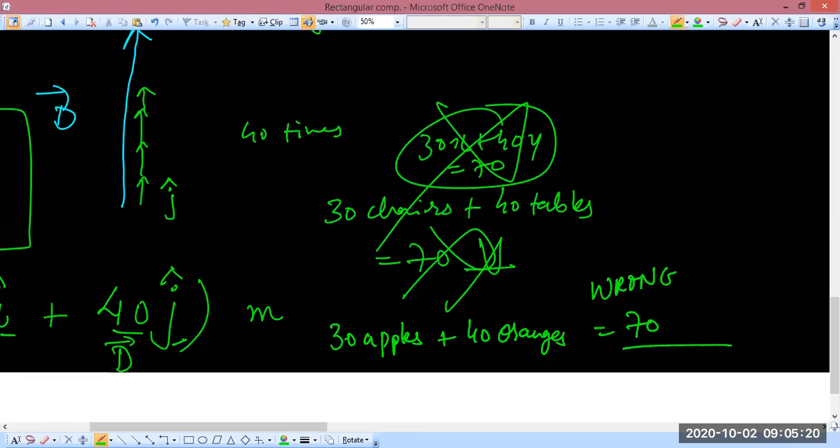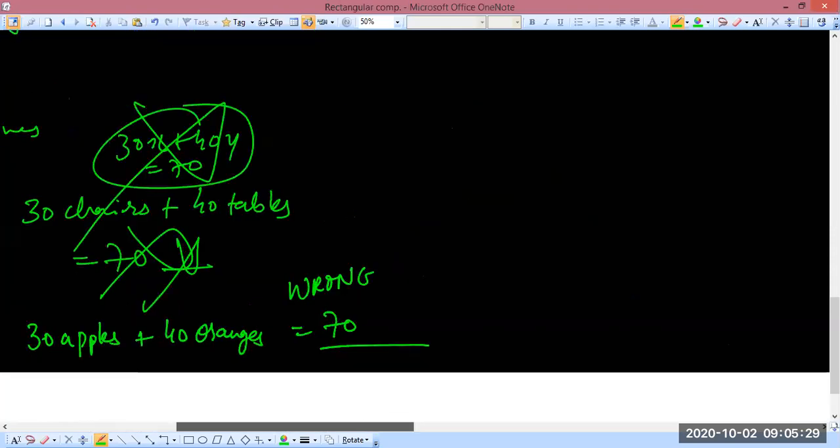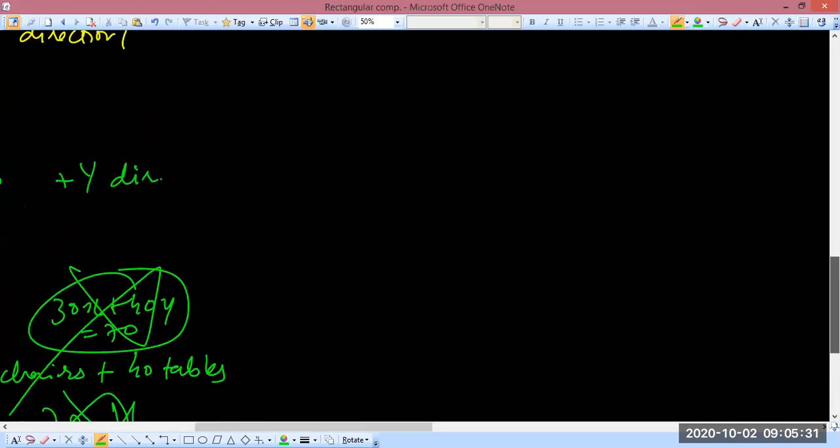Other than i caret and j caret, can we use any other alphabet of our own? No, big warning. You must use i caret and j caret: i caret for positive x, j caret for positive y. Fix it. Because if you use something else, it will create a lot of confusion.